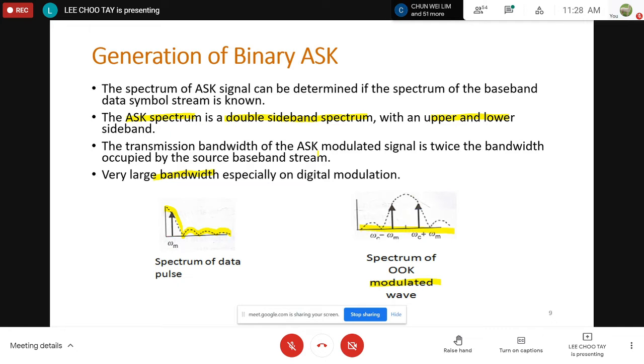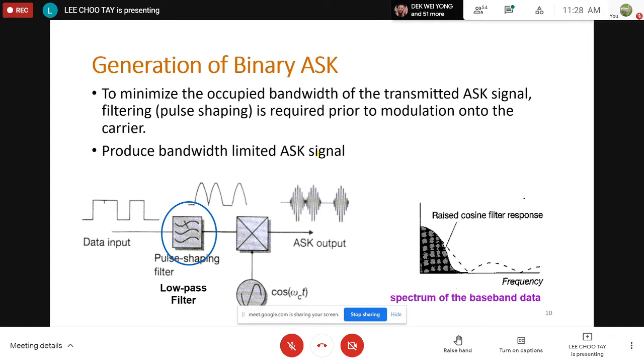Okay, so in order to reduce the bandwidth, remember from chapter 6, we send the rectangular pulses through a pulse shaping filter, right? We also use a pulse shaping filter before we perform the multiplication. So that will reduce the bandwidth.